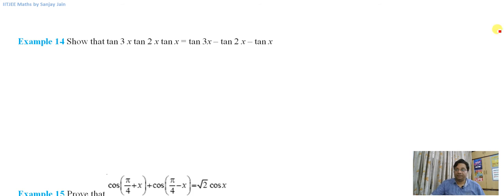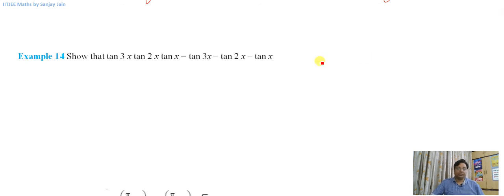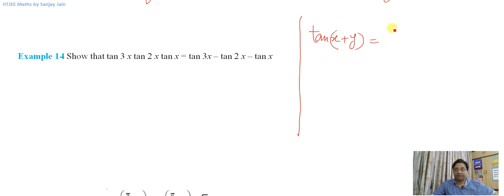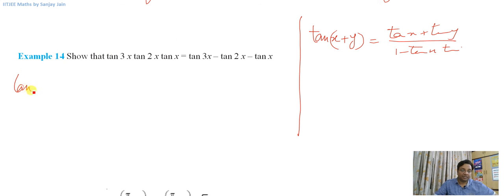This is a very important expression, right, which can be obtained from this formula, tan of x plus y. What is it equal to? This is equal to tan x plus tan y divided by 1 minus tan x tan y. So what I can do here is I can write tan 3x as tan of 2x plus x, right?